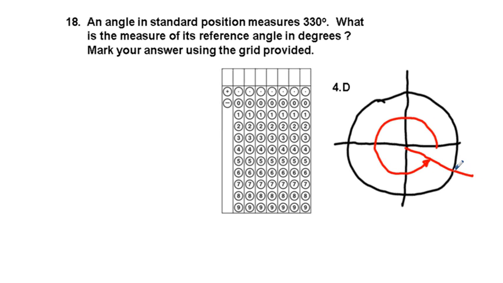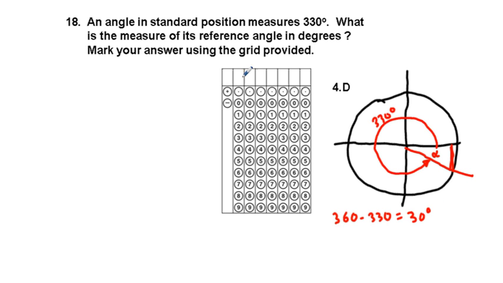Well, how do you find out what the reference angle is? Drop straight up to the x-axis. So this alpha here is going to be our reference angle. So we have 330 degrees here. And how do we find that? Well, if we take 360 degrees minus 330, that's going to give us our reference angle of 30 degrees.